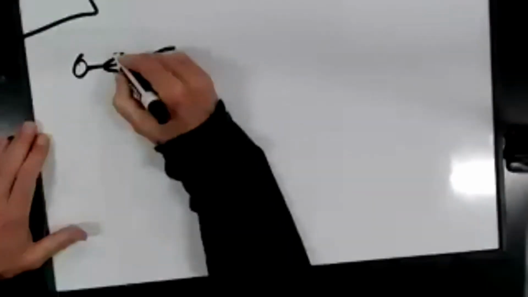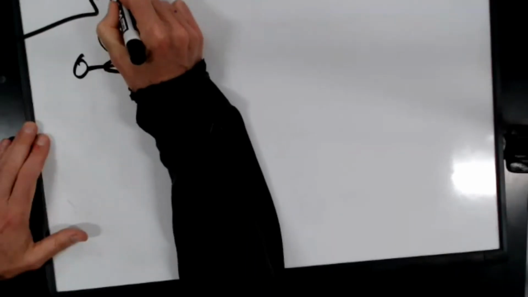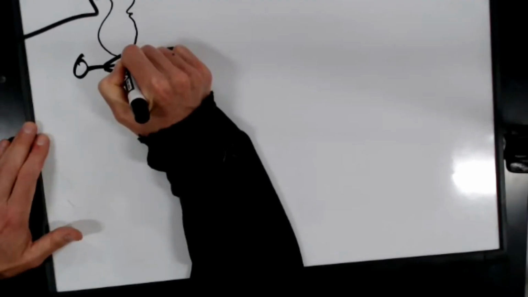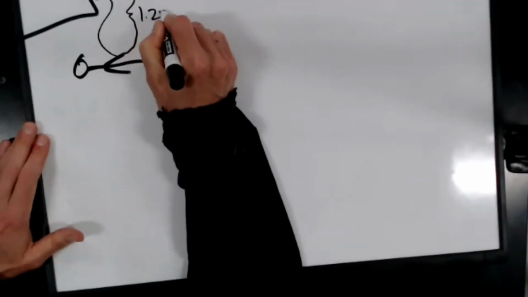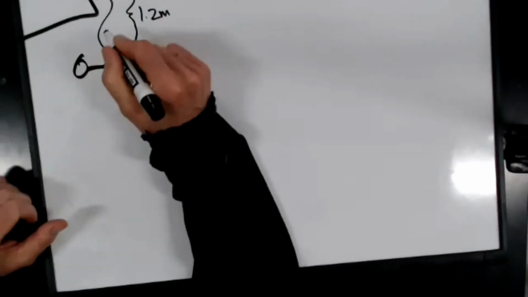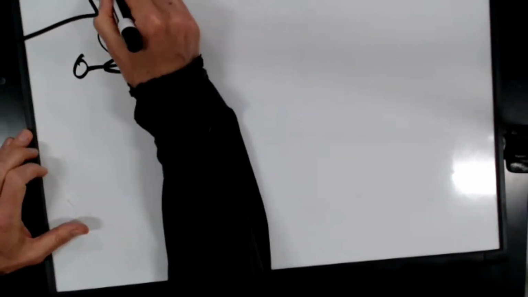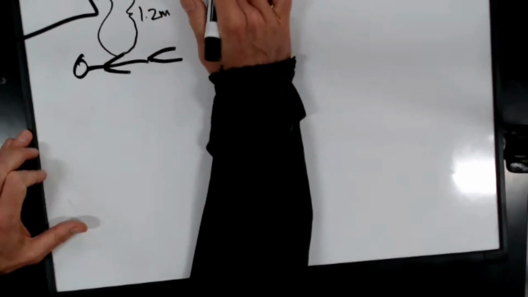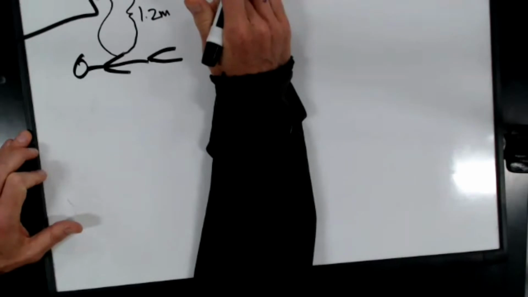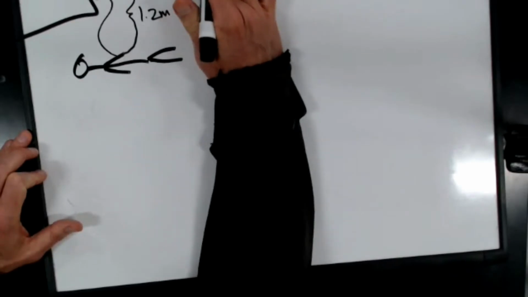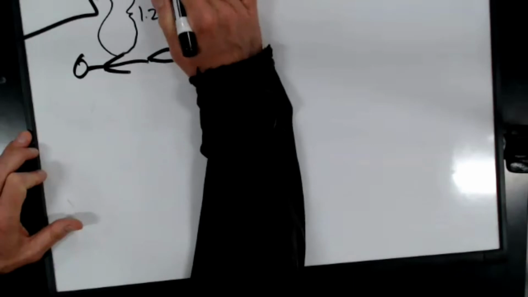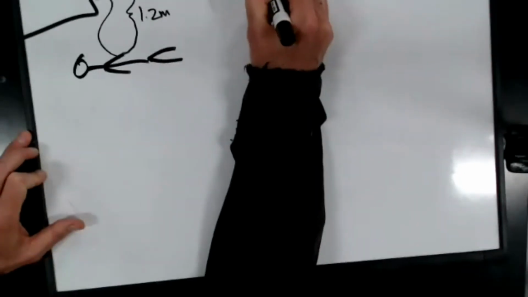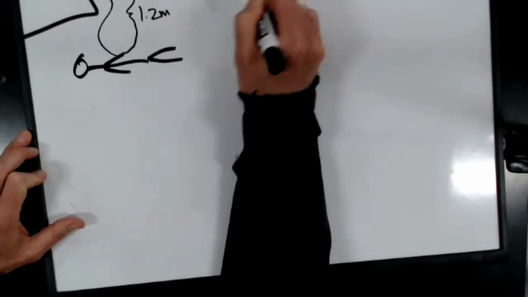And then they've got a bag that's a certain height, 1.2 meters above the arm, and the density of the fluid is 1090. So the density is 1090 kilograms per meter cubed.